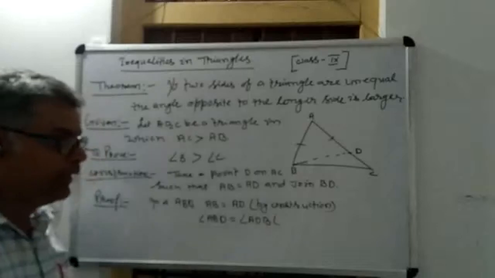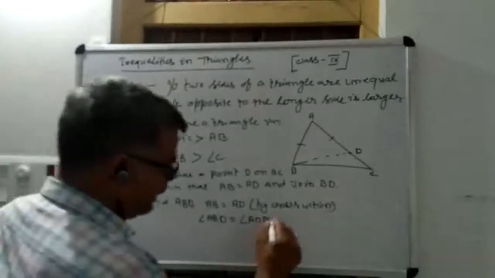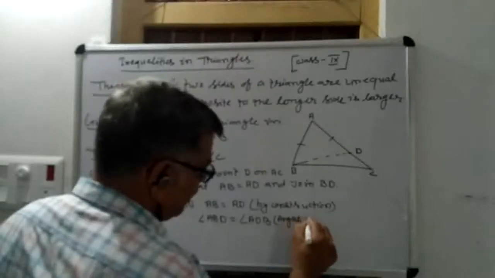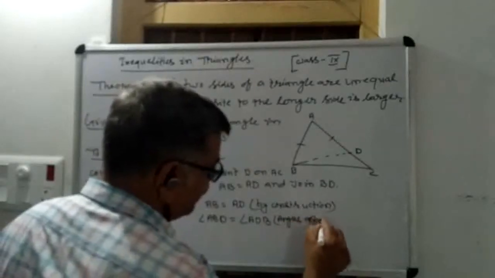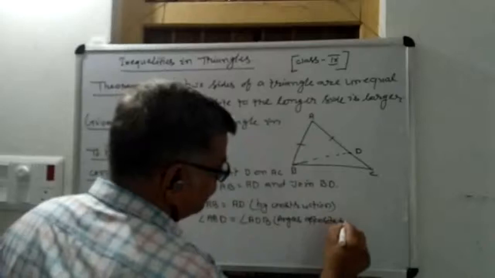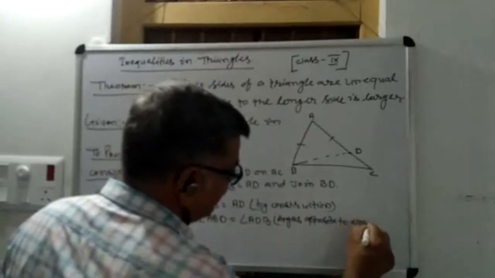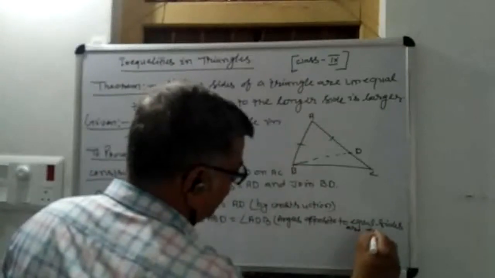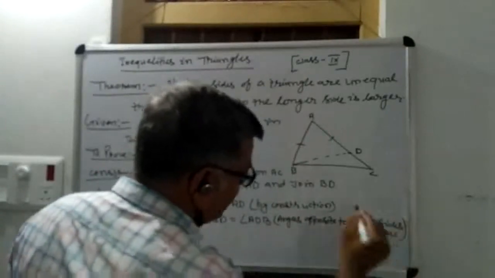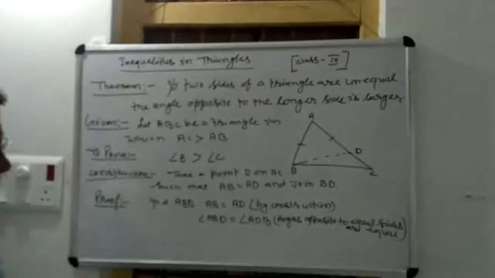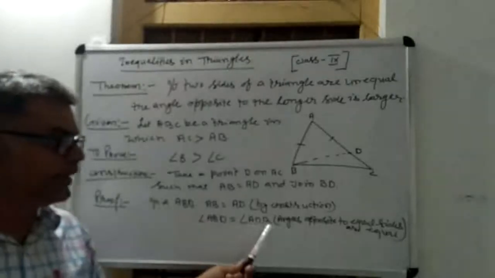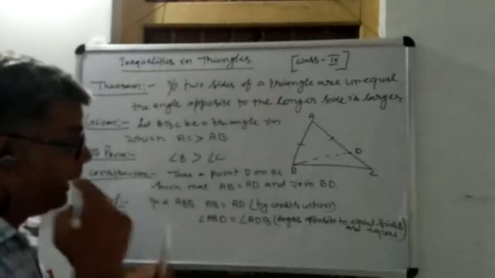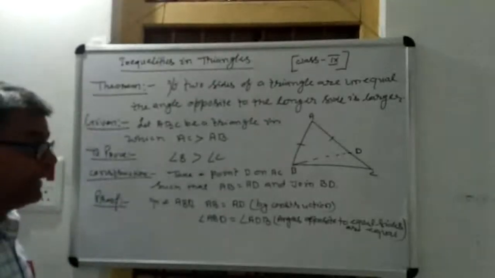By the property, the angles opposite to equal sides are equal. So by this property you can write angle ABD is equal to angle ADB.